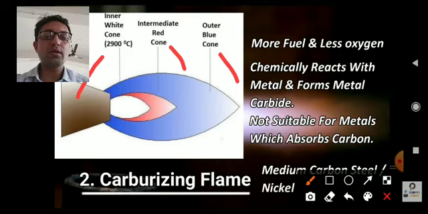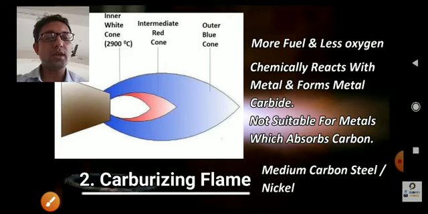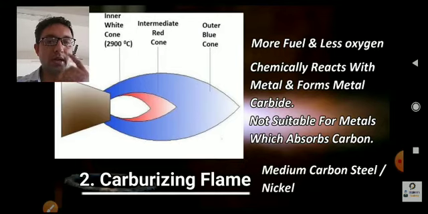So it chemically reacts with the metal, and it is not suitable for metals which absorb carbon. It is used especially to join medium carbon steel and nickel. If the joining material is medium carbon steel or nickel, we generate the carburizing flame and use it to join the metal.